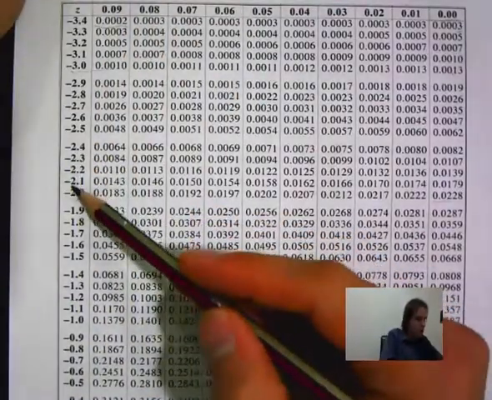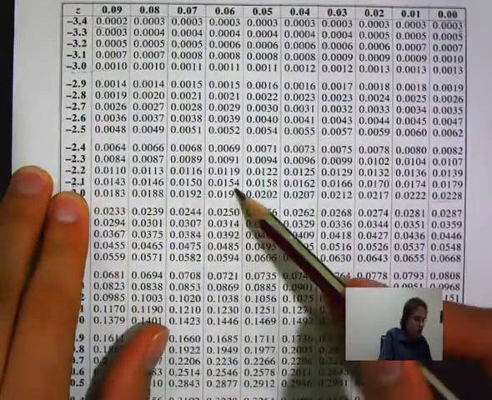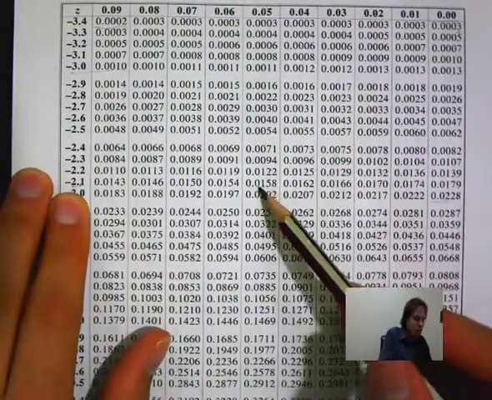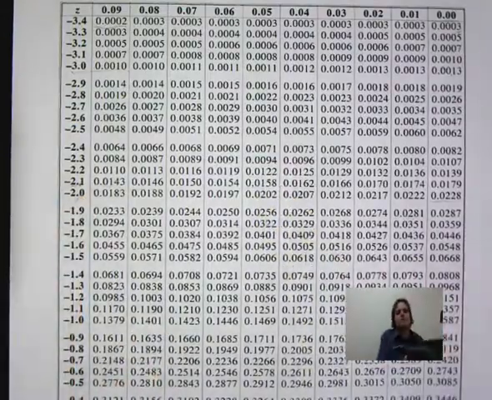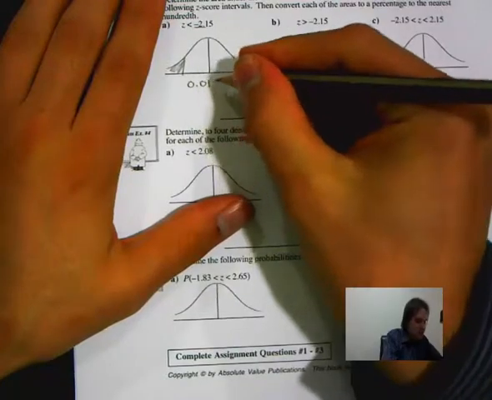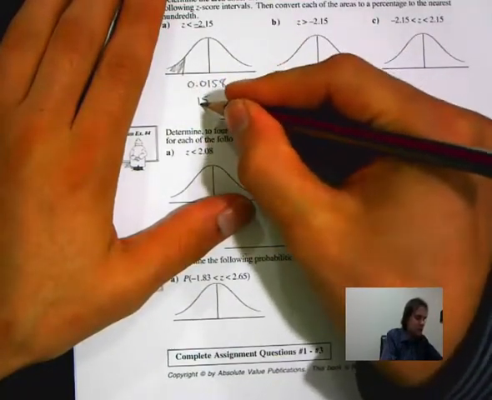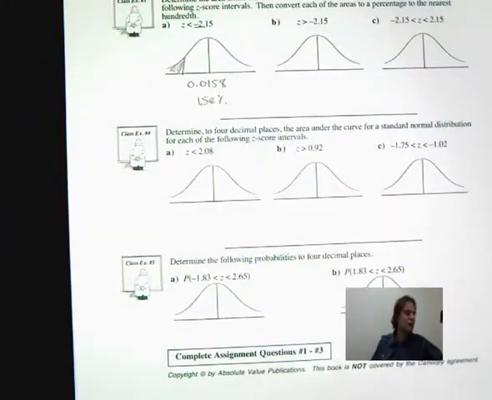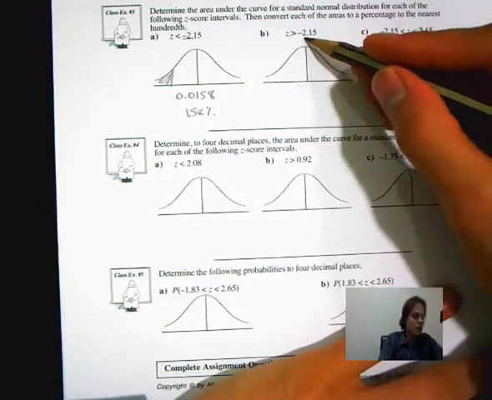So we go negative 2.1, and then all the way to 5, which is right here. I look up the 5 column, 2.15, which gives me 0.0158, which is the same thing as 1.58%. So only 1.58%. This one now wants everything bigger than 2.15.